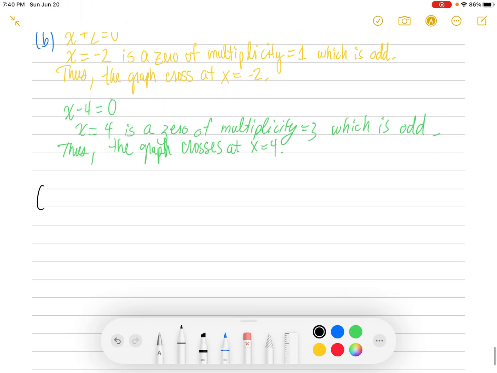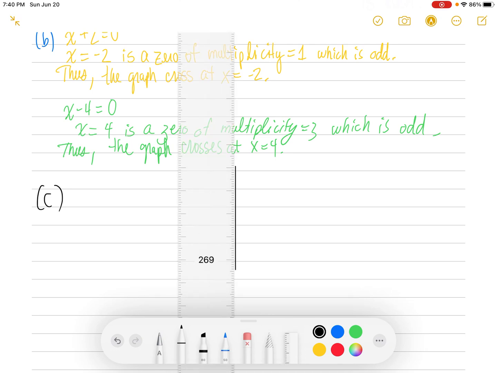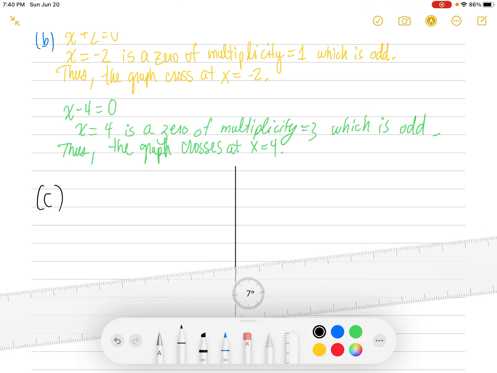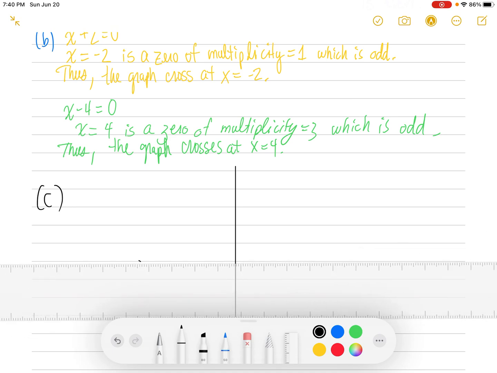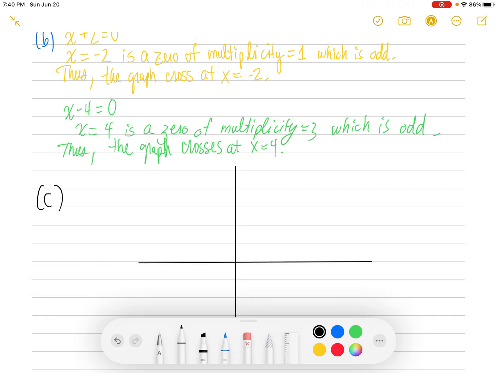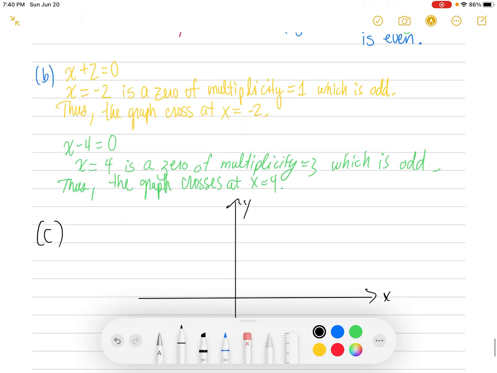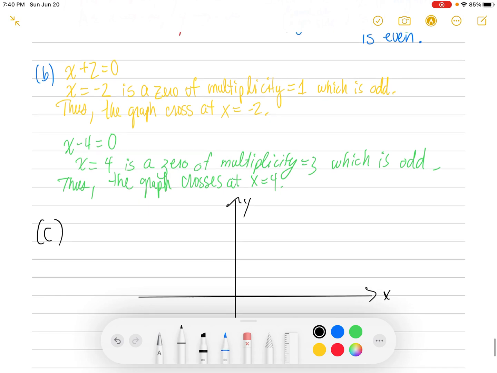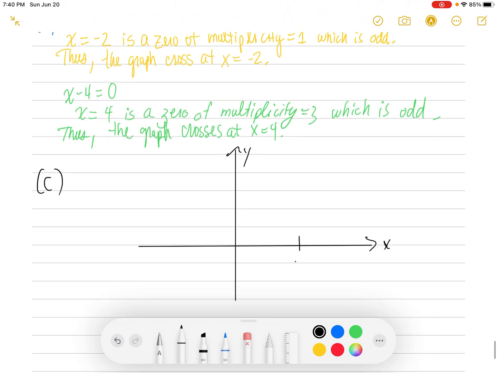So part C, we're going to graph all this out, put everything together. So here I'm going to have my y-axis, my x-axis. Oops, that's x. That's y. Okay, so basically I'm going to plot down my zeros.